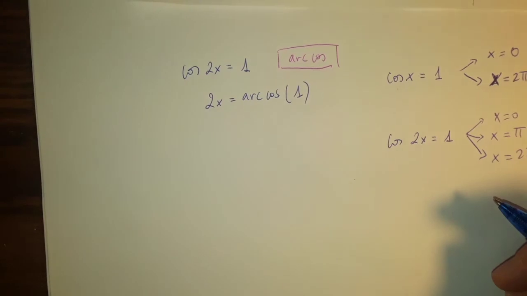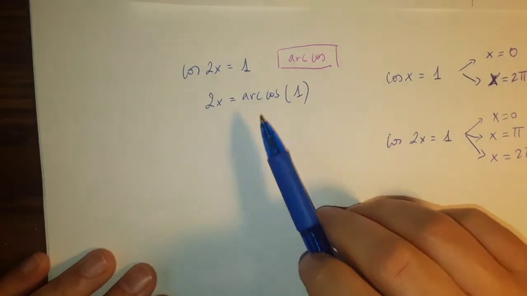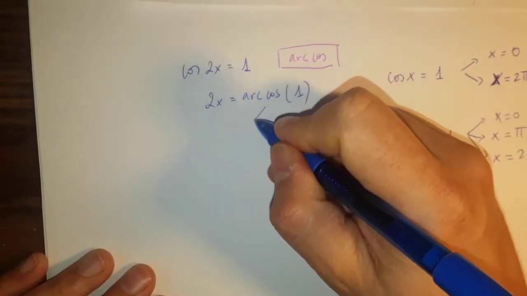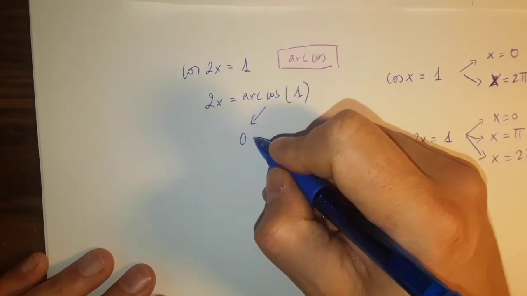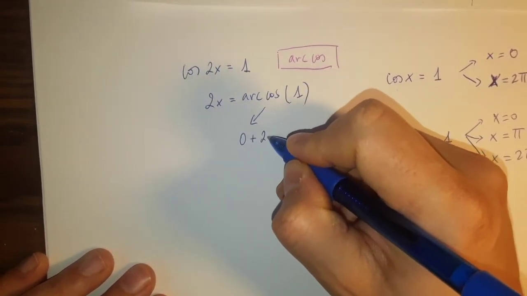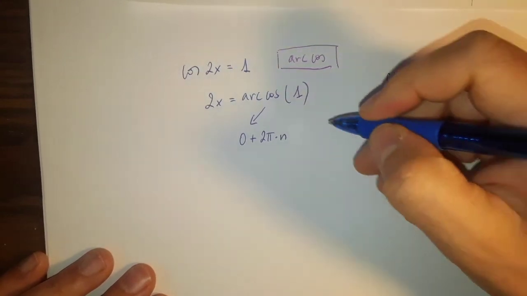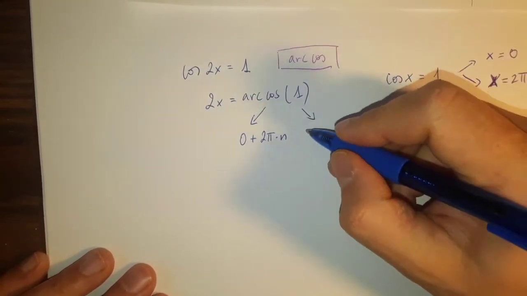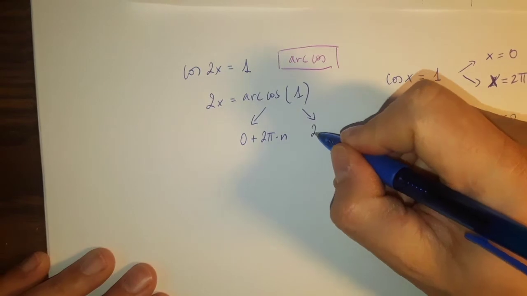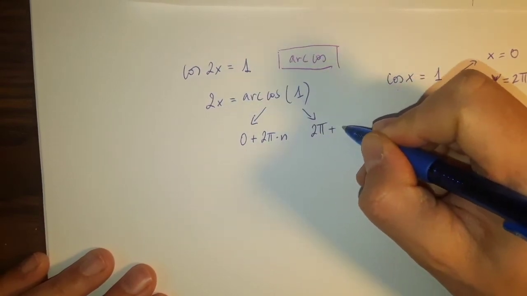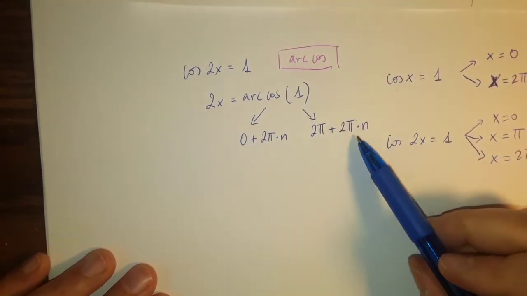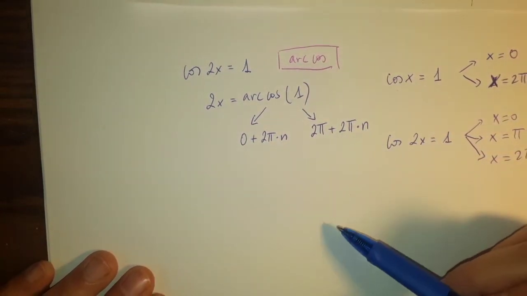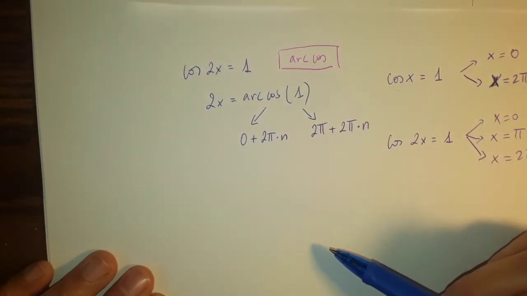Okay, and we know already that arc cosine of 1 is going to be 0 radians plus 2 pi times n, and another answer is 2 pi plus 2 pi times n, right? This is repeating every 2 pi, correct?